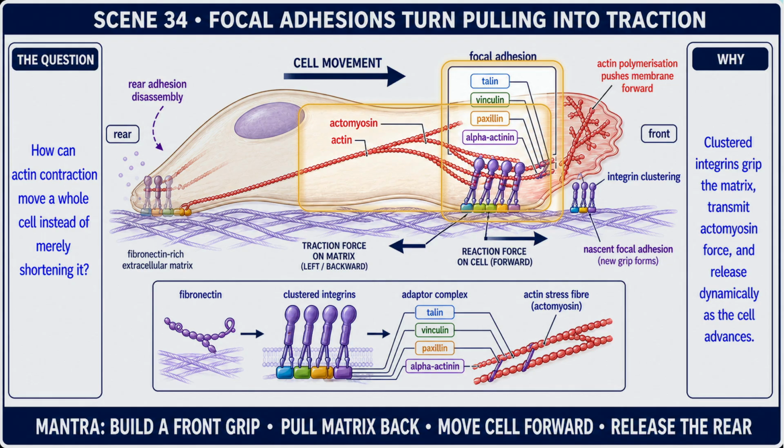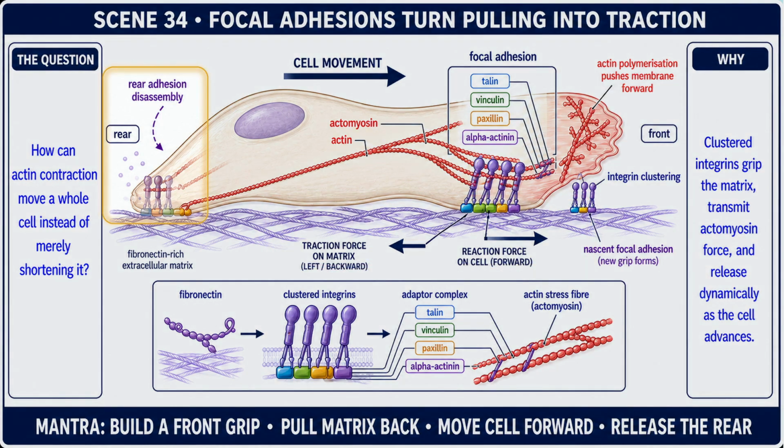Myosin then contracts the actin network. Through the focal adhesion, the cell pulls the matrix leftward or backward, while the matrix exerts an equal and opposite reaction on the cell. That reaction helps move the cell body rightward or forward.